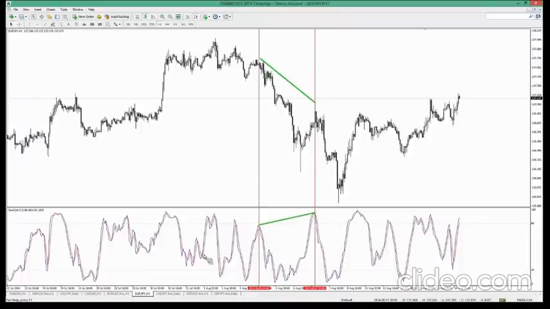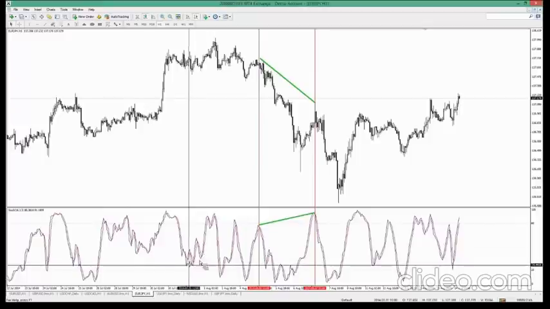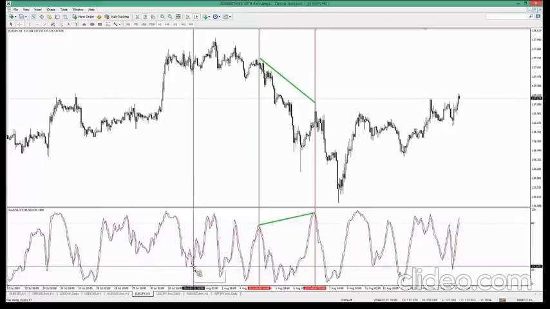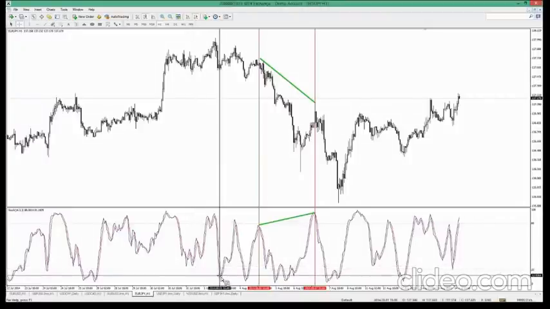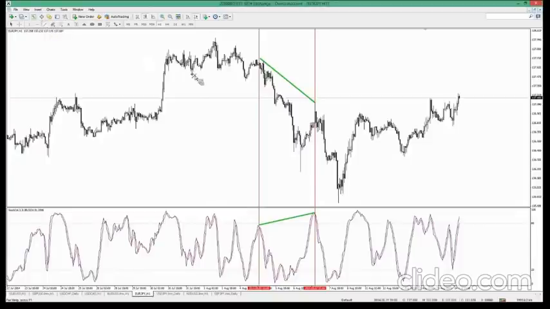The same down here. If we look at this area here, we've got reverse divergence, but on the bullish side. Between here and here, price is making a higher low, but the MACD is making a lower low.